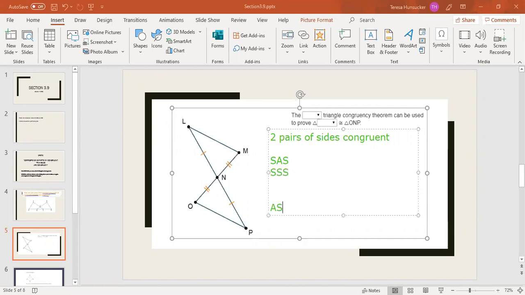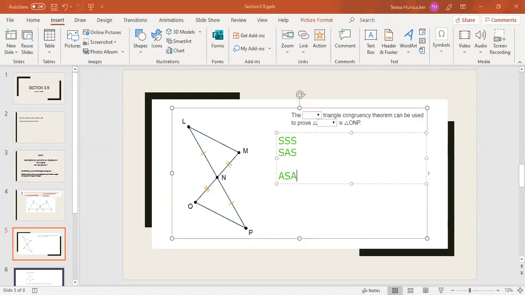The others are angle, side, angle, which is one pair of sides; side, angle, angle, two pairs of angles; and then hypotenuse leg, which is for right triangles only.